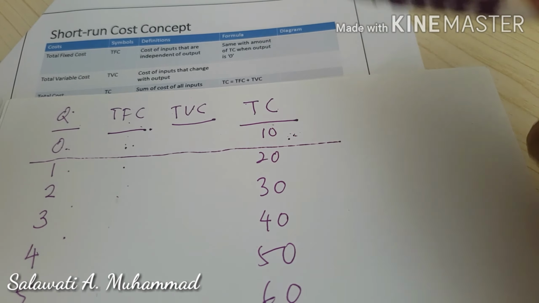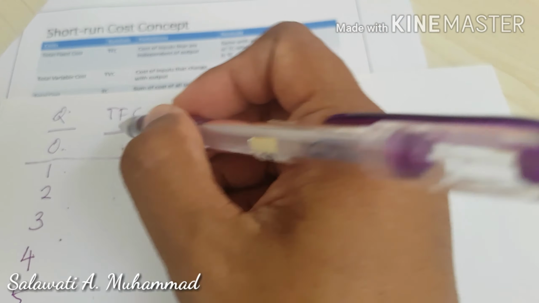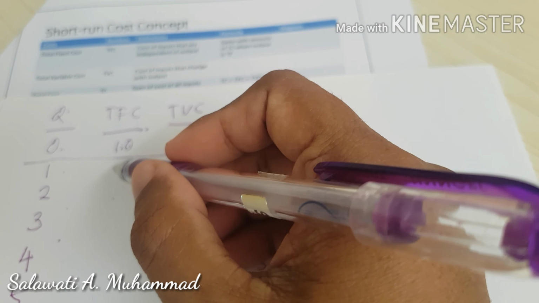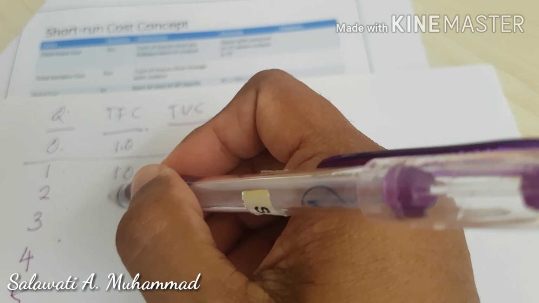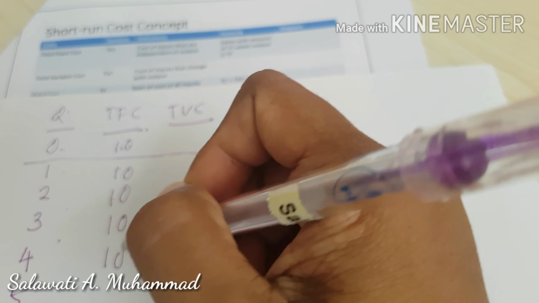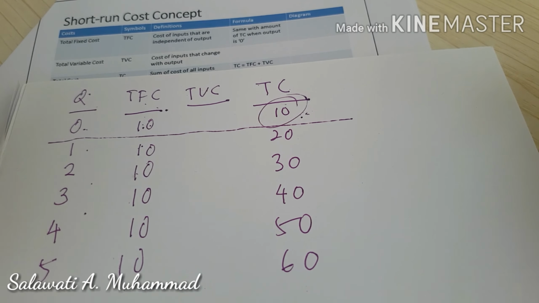Meaning 10 here is the amount of total fixed cost. So you put 10. How about 1? At quantity 1, also the same, we put 10 here. Because why? Because it's a fixed amount. So this is total fixed cost.